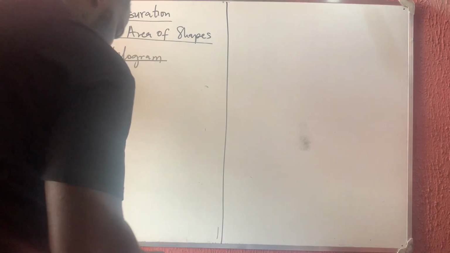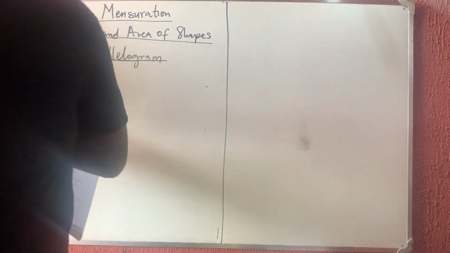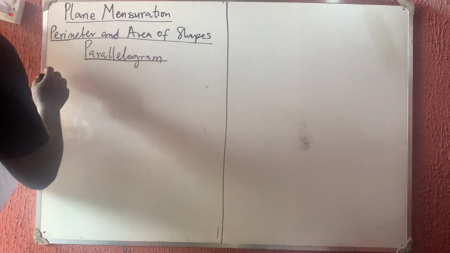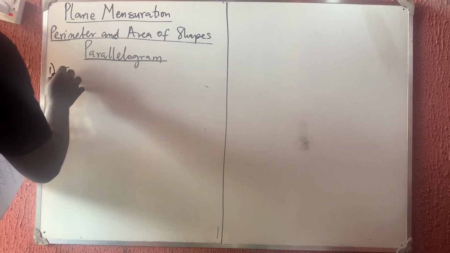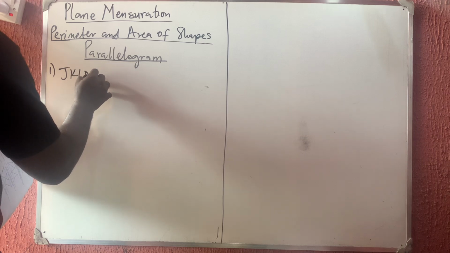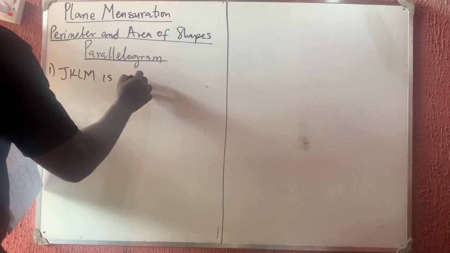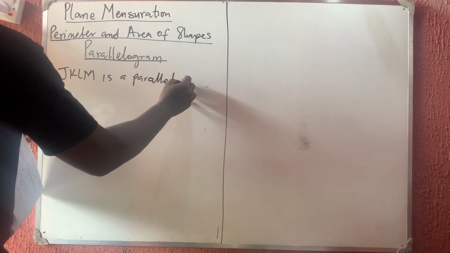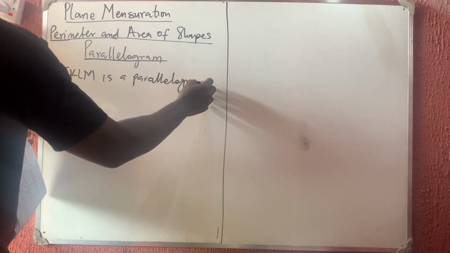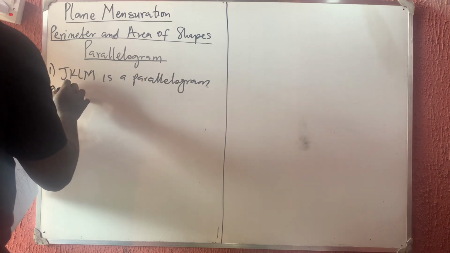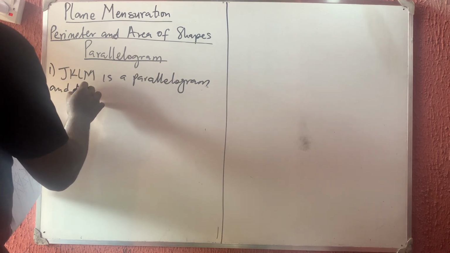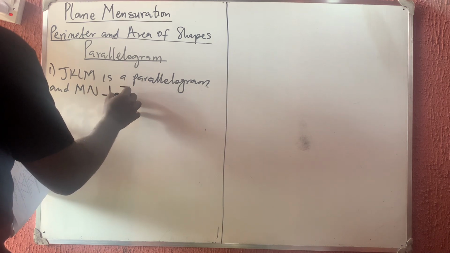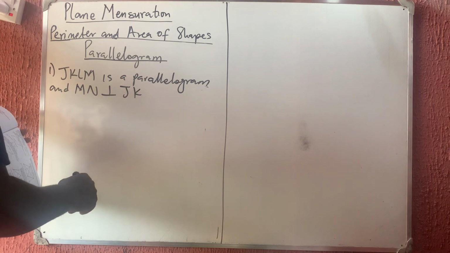The first question we're going to solve, I'm still going to give you some properties of a parallelogram. Question number one says that JKLM is a parallelogram, and MN is perpendicular to JK. This sign here means perpendicular.